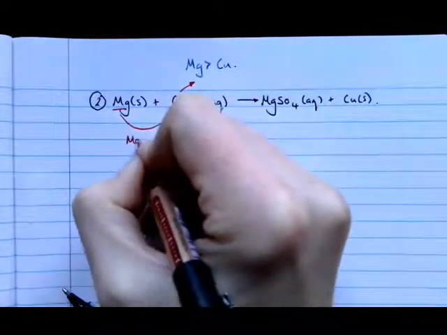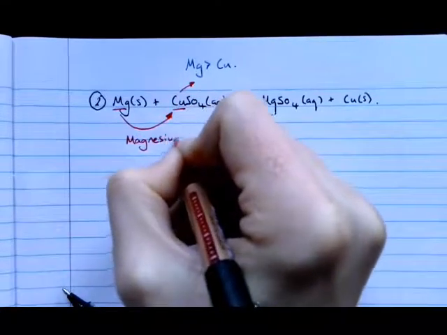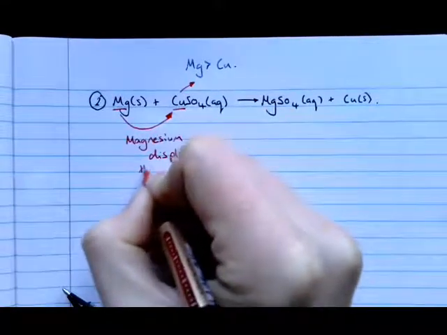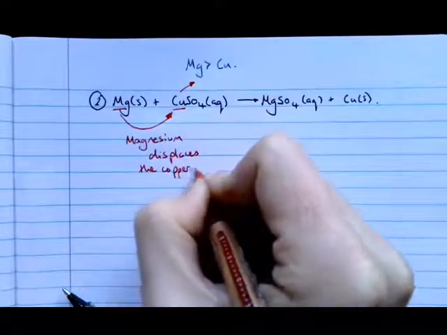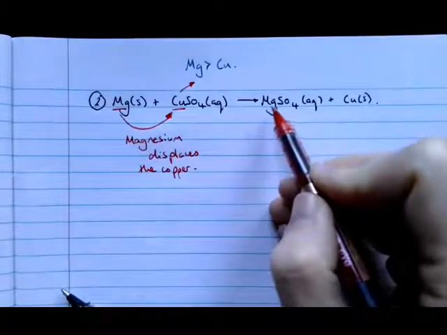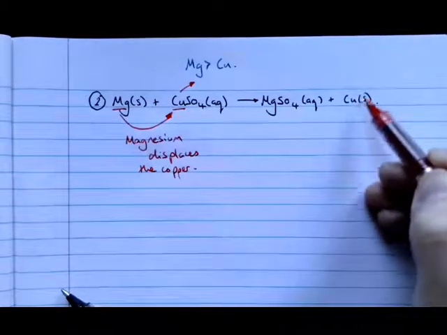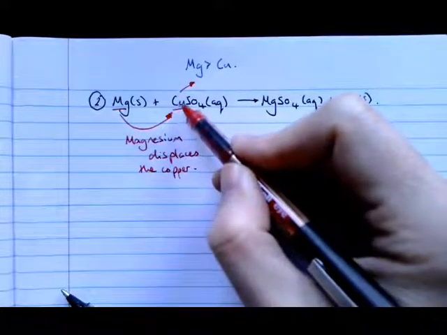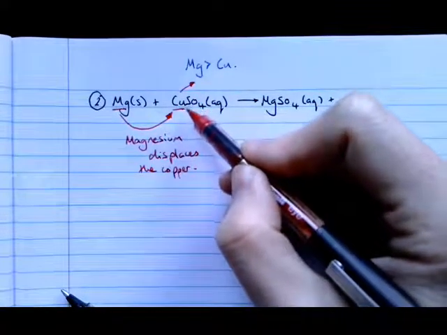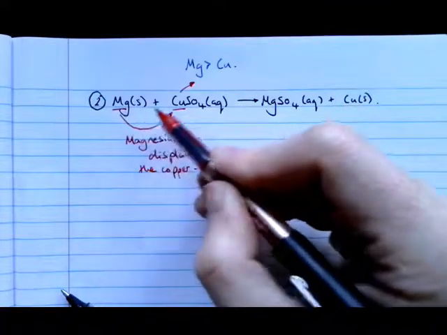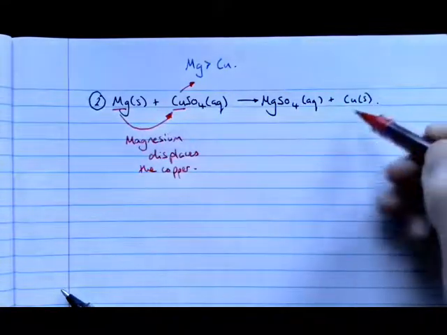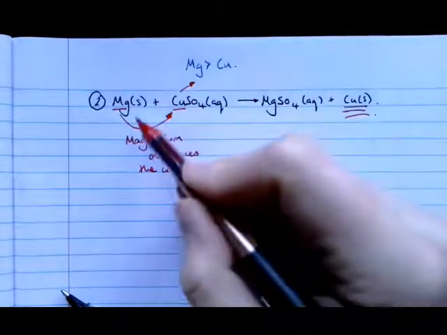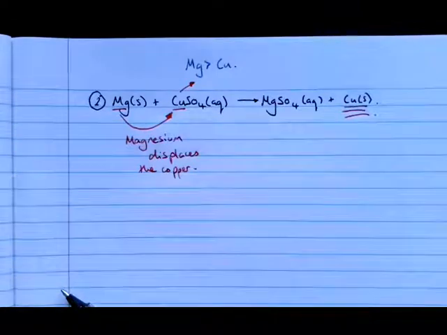So magnesium displaces the copper to give me magnesium sulfate and the copper metal that I want. Remember, this is the metal that I want. Here it's in solution, so I can't use it when it's in solution. But by displacing it with magnesium, the more reactive metal, I get my copper. That's what I want. And it does this because magnesium is more reactive than copper.